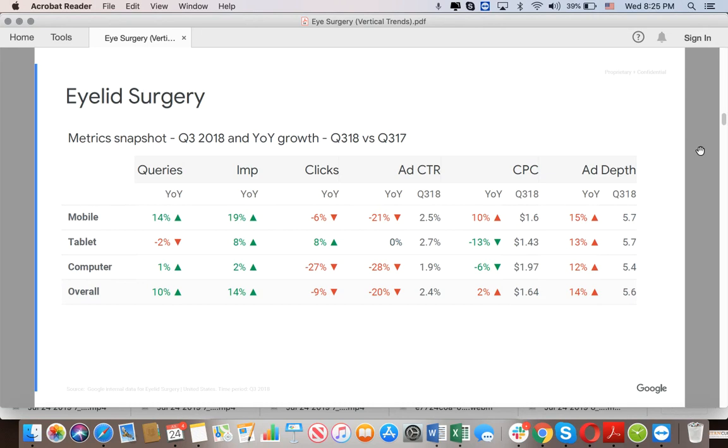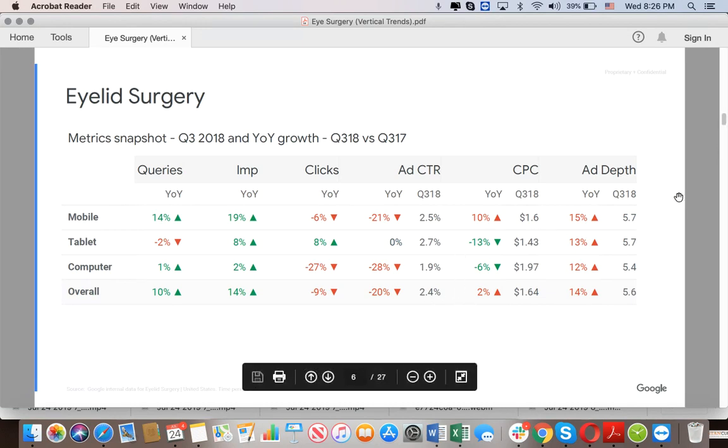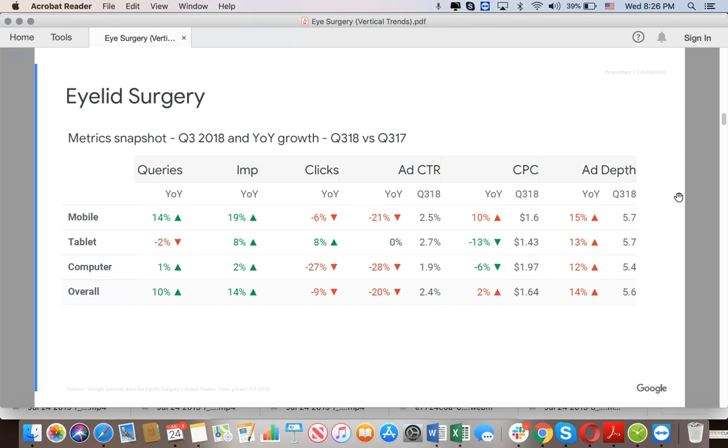So for 100 impressions, if you got 4 clicks, it will be 4% CTR. And as you see, average ad CTR is 2.4% and it went down by 20%. It's a lot because the average is 3% for a corporate website. When we're working with eye surgeons in Florida State, New York State, and California, we have CTR of 5, 10, 20%.